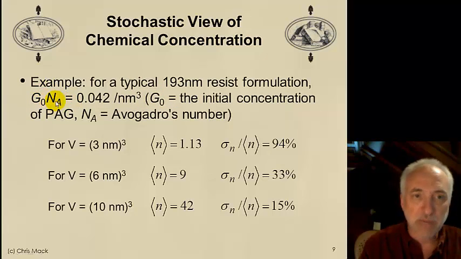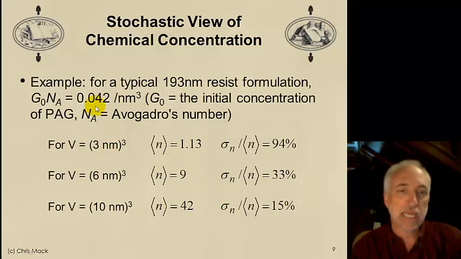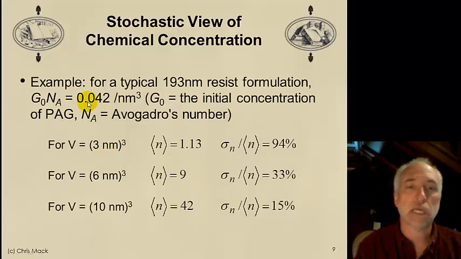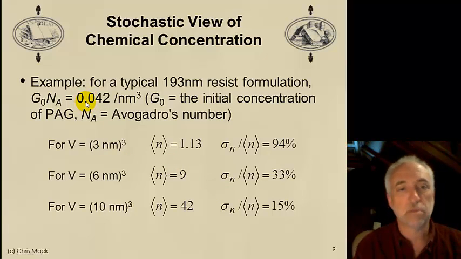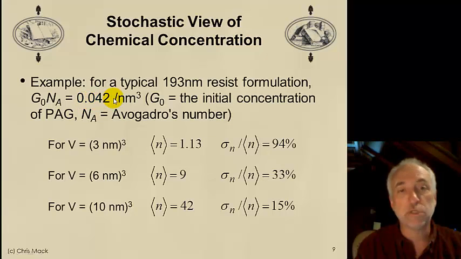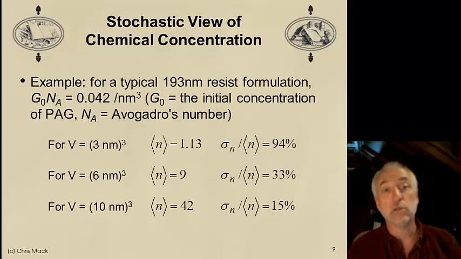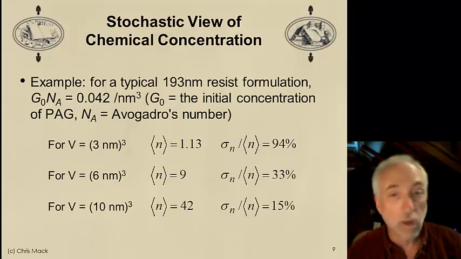Then I multiply by Avogadro's number, and this gives me a concentration in atoms per unit volume. And a typical number that I got from a particular resist formulation that was pretty standard was 0.042 PAGs per cubic nanometer. Now that's a small volume, a cubic nanometer, right? So you see that the average number is going to be less than 1.